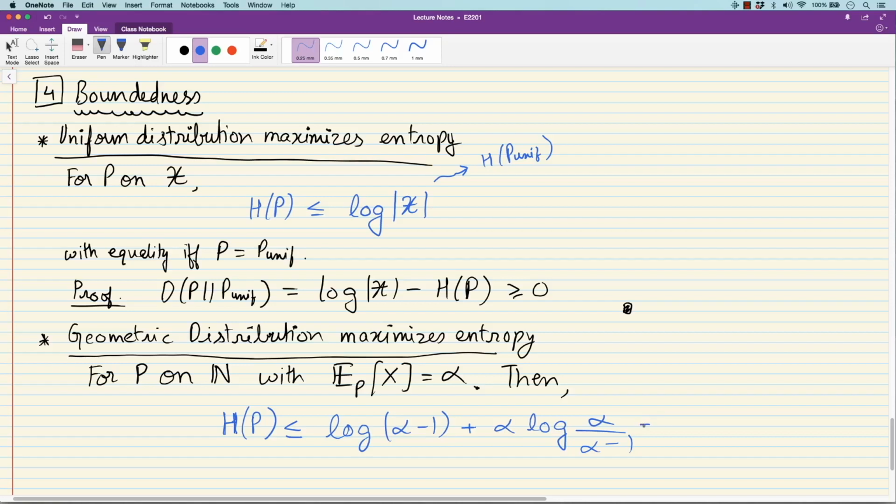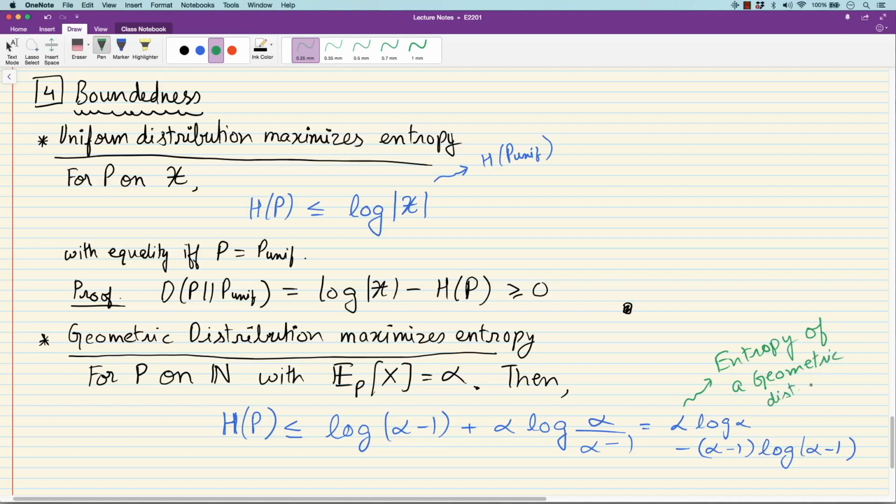We can see it in another way: this is alpha log alpha minus (alpha minus 1) log(alpha minus 1). And what we will see soon is that this right side is the entropy of a geometric distribution with mean alpha.